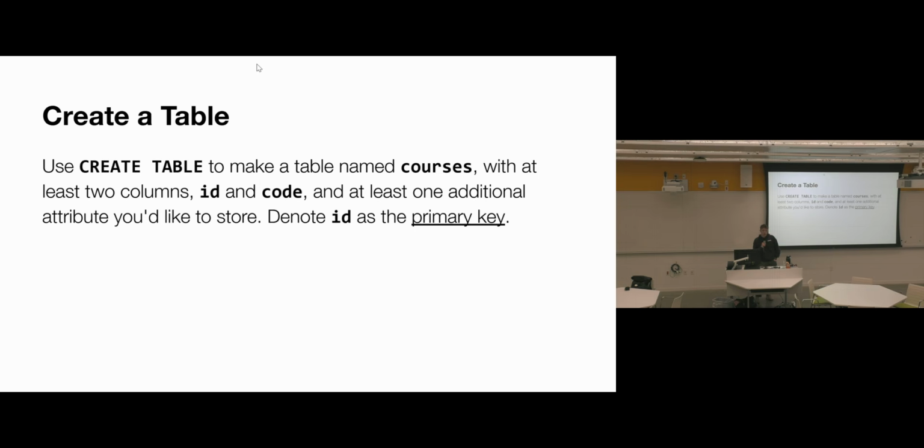Could you imagine if, at Harvard University, you have your own student ID and somebody else had that exact same student ID? That would be a mess. So a primary key is a very important part of keeping organized. It's an assumption that we're going to make about our rows. We're basically saying this column, ID, is going to be unique for each entry.